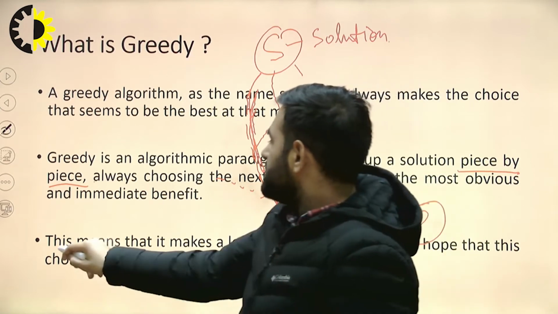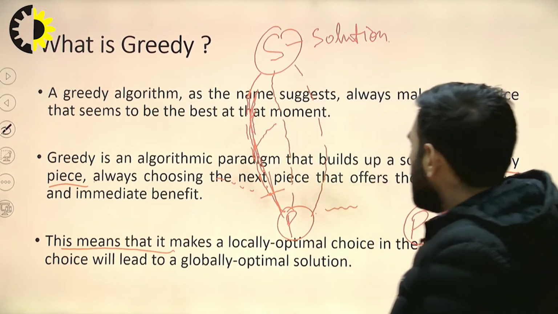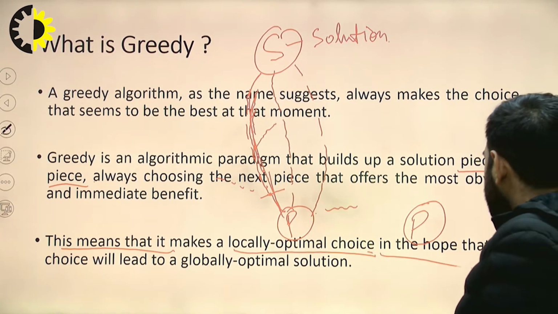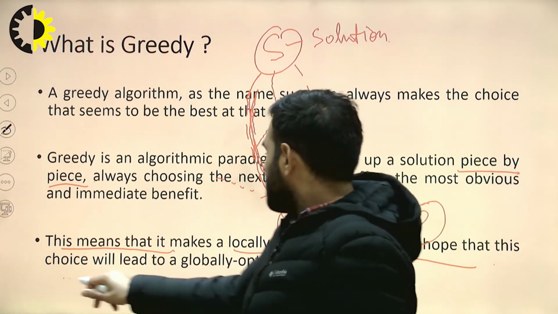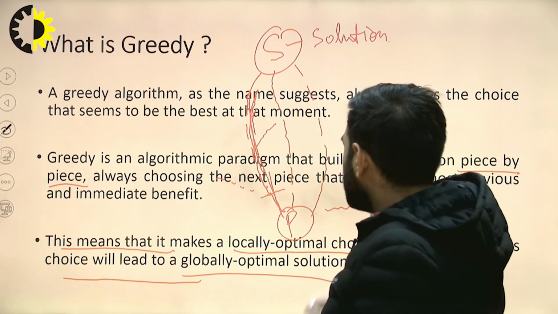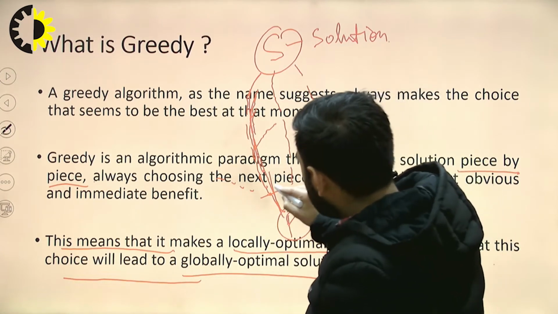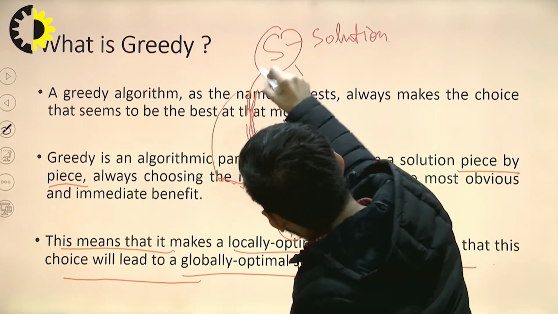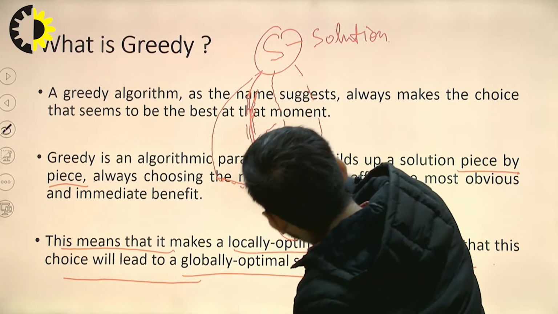This means that it makes a locally optimal choice in the hope that this will help in leading to a globally optimal solution. What does this mean? While reaching here, we have two paths. One is this, one is this. So this is the locally optimal.